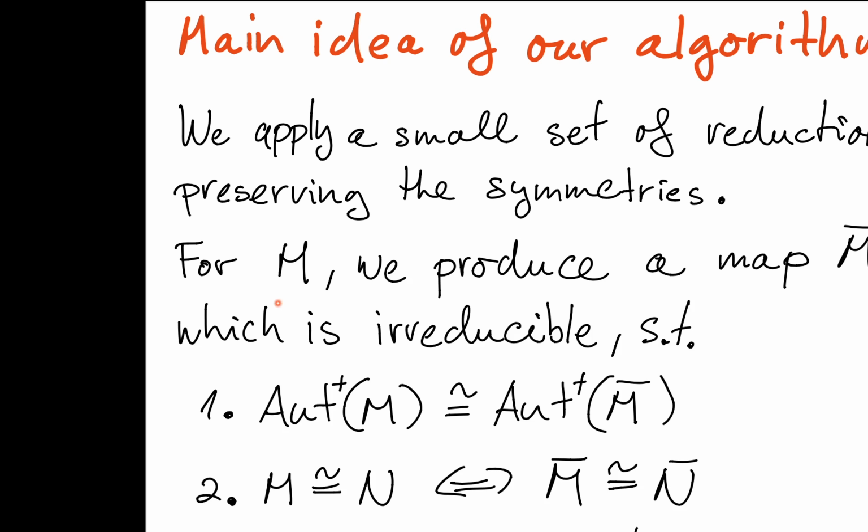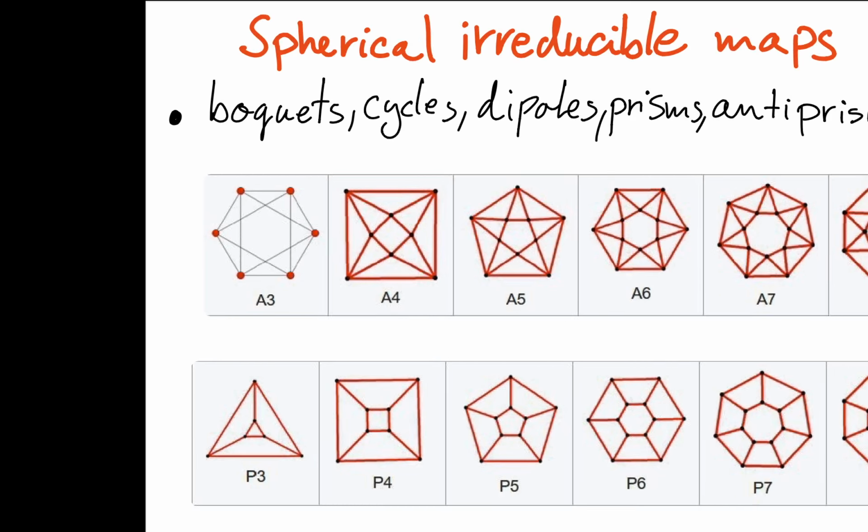So for a given map, we produce some irreducible map for which we will be able to somehow compute the automorphism group, and it can be translated to the original automorphism group we wanted to compute. So what will be our defining property of the irreducible map? It can be best explained on an example.